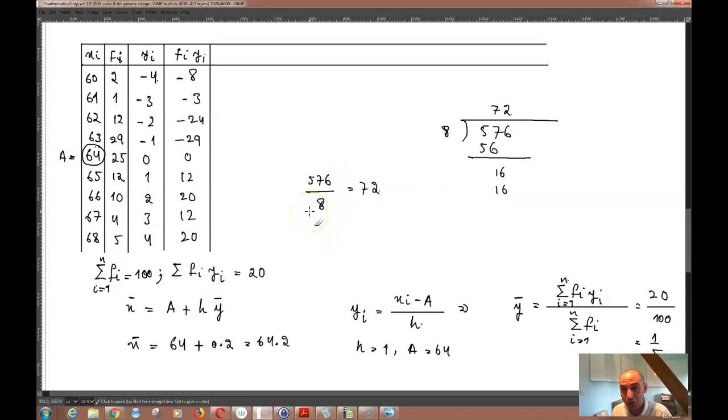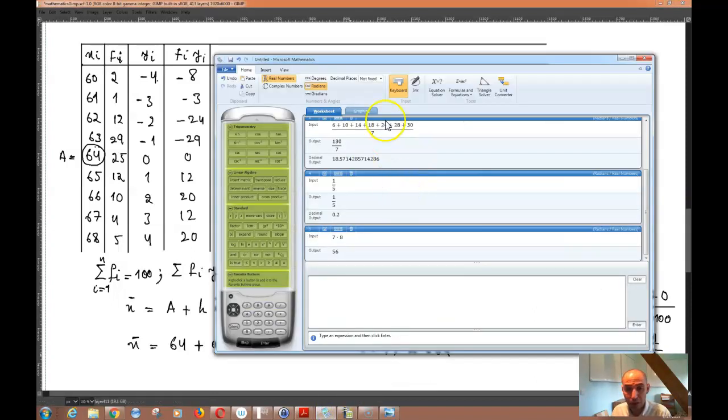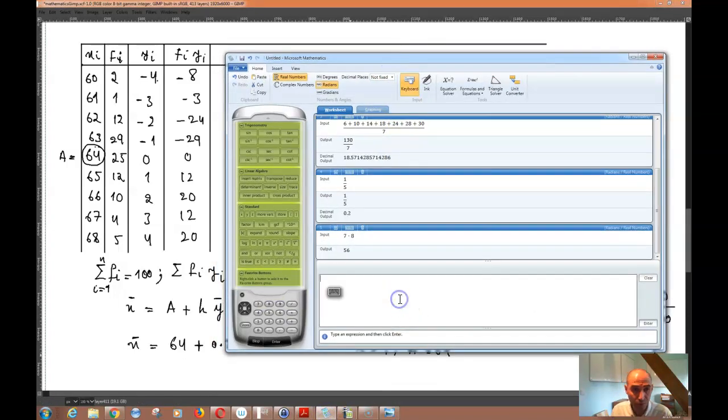No, something is wrong. Let me actually add the numbers together. So you have 60 plus 61 plus 62 plus 63 plus 64 plus 65 plus 66 plus 67 plus 68.